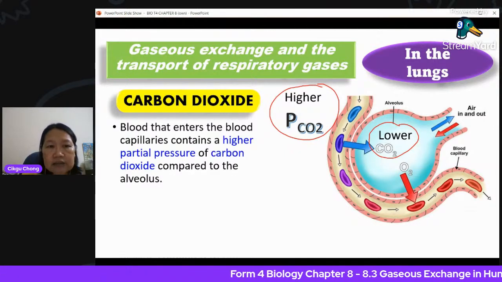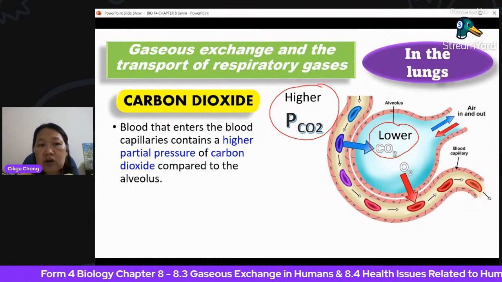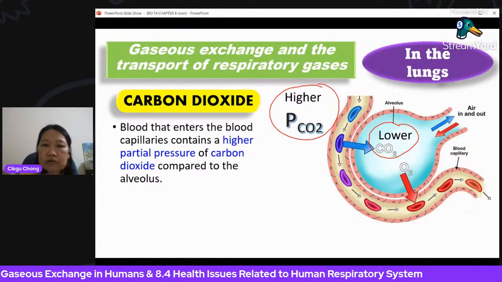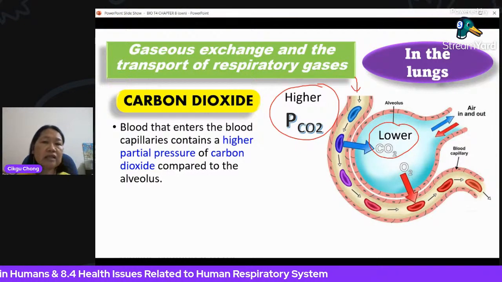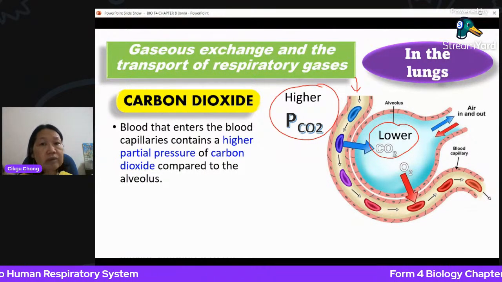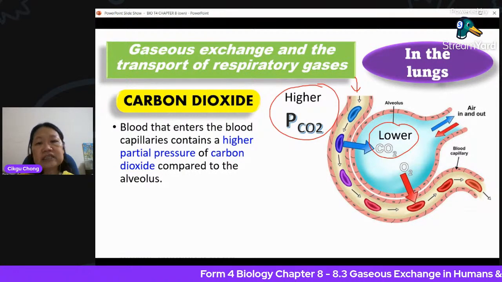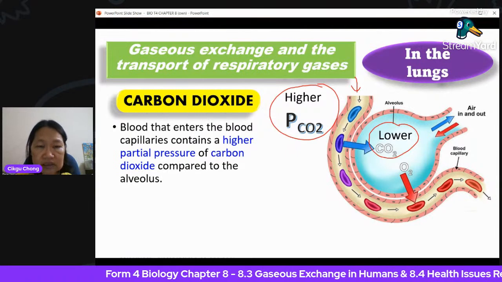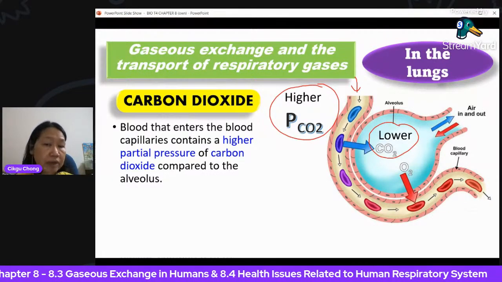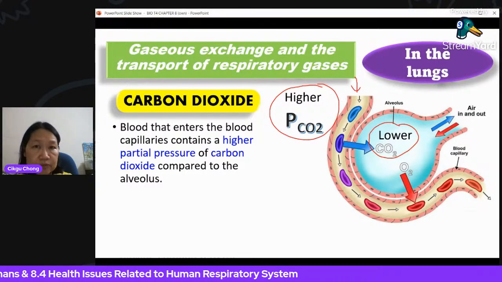Again, you start the story by saying blood that enters the blood capillaries contains a higher partial pressure of carbon dioxide compared to the alveolus. This blood is coming from the heart that pumps the deoxygenated blood. It comes to the lungs to carry more oxygen. This blood has more carbon dioxide because it has already released the oxygen to the body cells, and now it comes back to the lung to get more oxygen. So the carbon dioxide will be higher, 4% actually, and in the alveolus it is 0.03%.